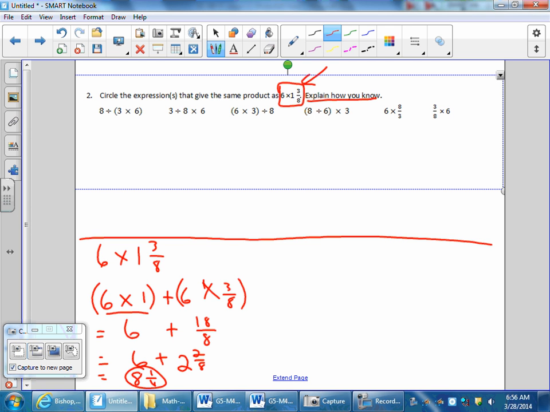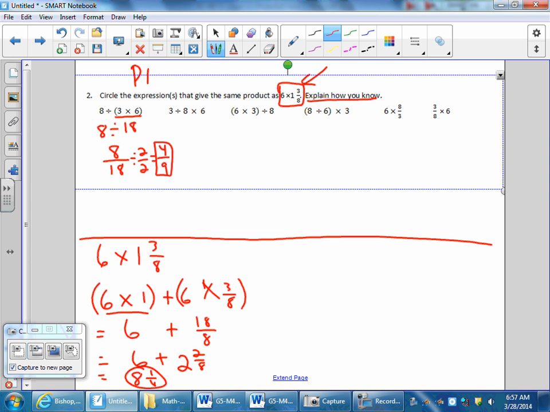Going back to the first expression, I'm going to do what's in the parentheses first. 8 divided by 18 looks like this. Simplified looks like 4/9. In my next problem, I have division and multiplication.